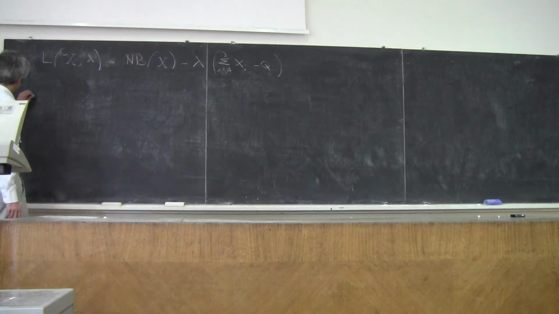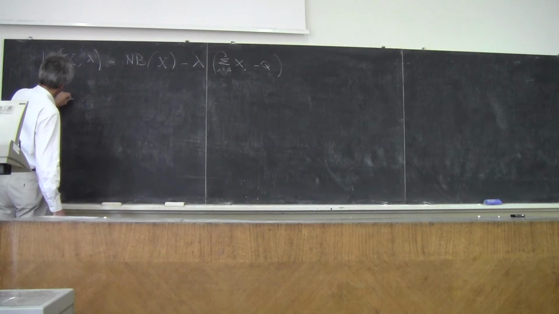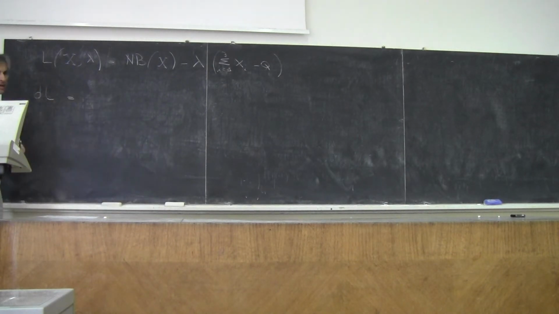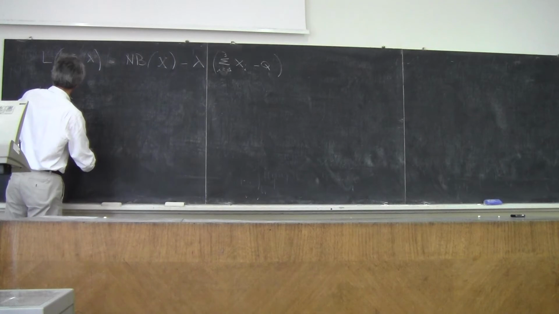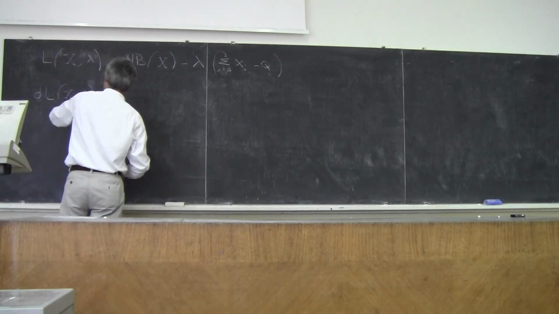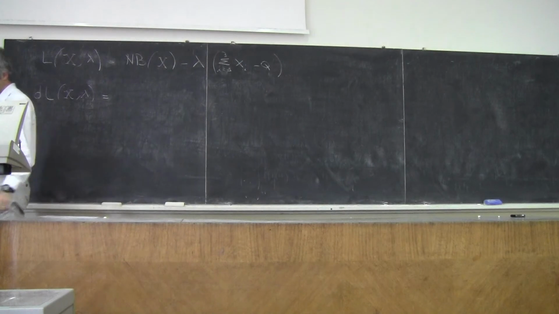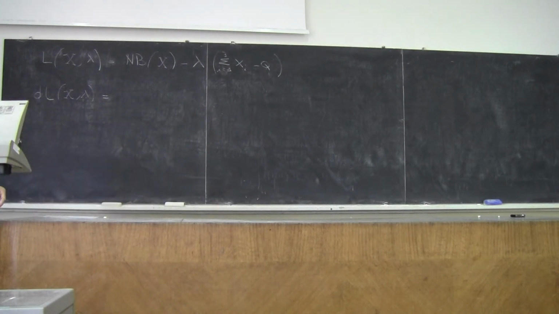Now, if I wanted to write the dL, so dL(x, lambda), basically the d is the total differential. How should I compute it?